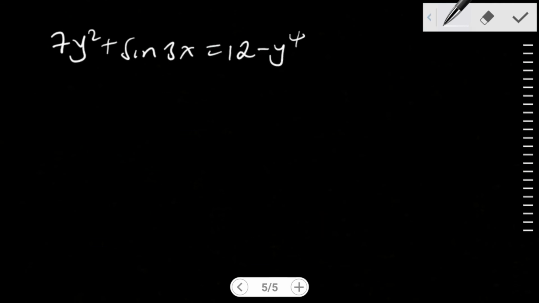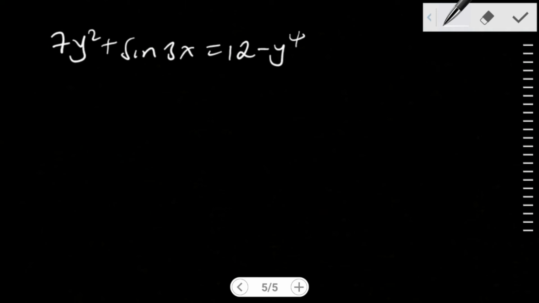So if I have also 7y squared plus sine 3x equals 12 minus y to power 4.